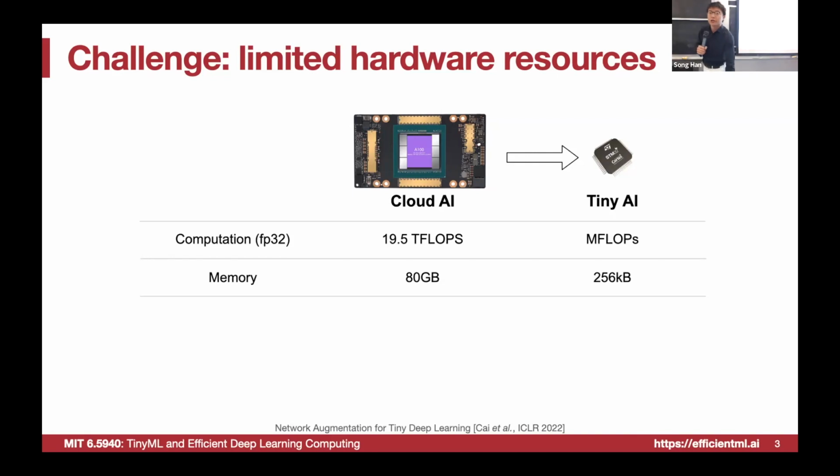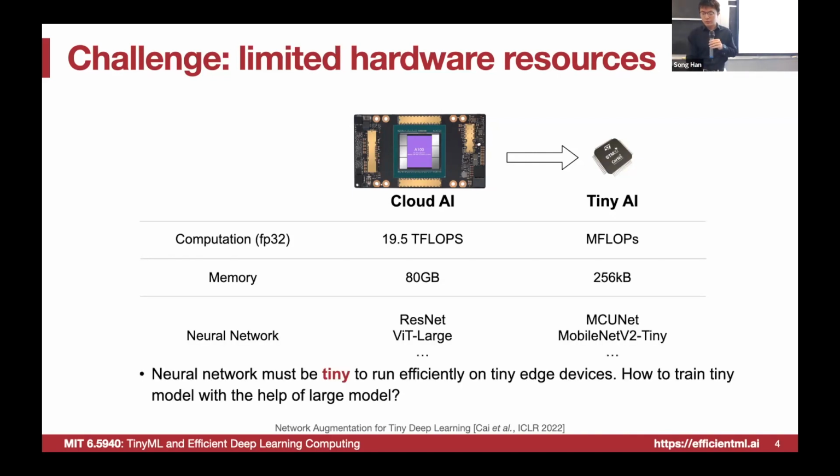So the challenge here is that we want to deploy deep neural nets even if we have limited hardware resources, not only on the cloud, but also on the edge. Even on the cloud, we want to use low power, green AI, save the power, save the planet. Right? But the computation capability difference is huge.